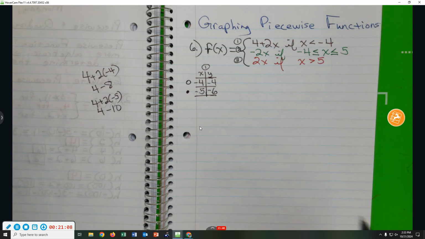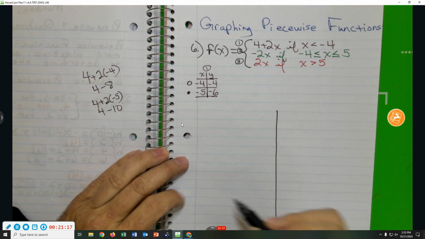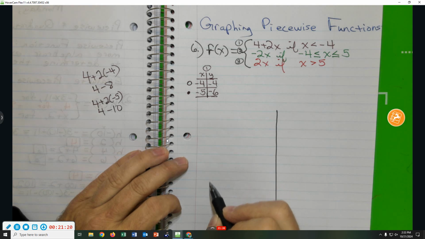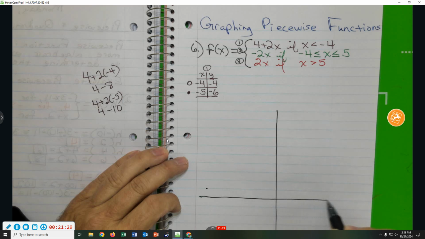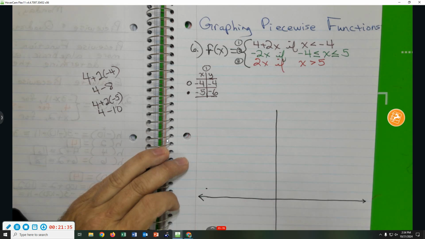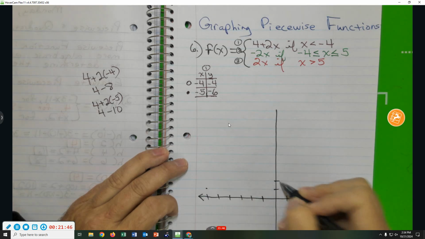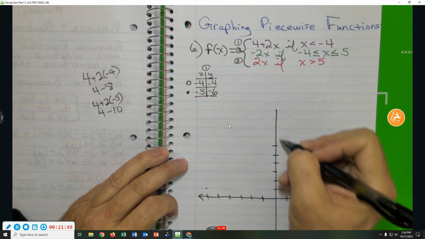I'm going to go ahead and draw my XY grid, and put it up high. I think I go right here. Okay, we're just freehanding the grid.